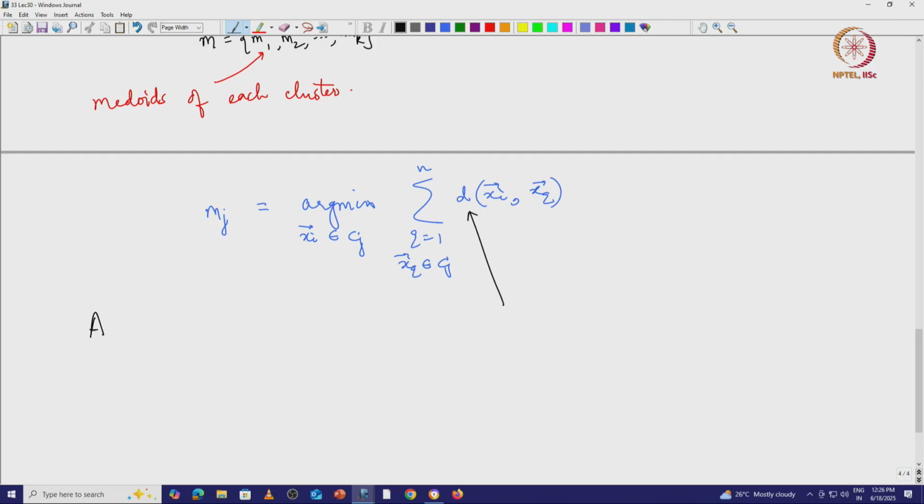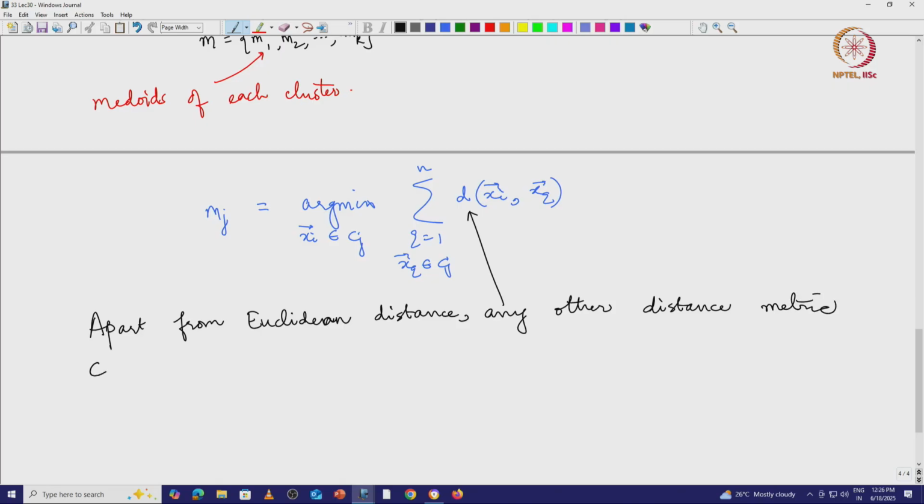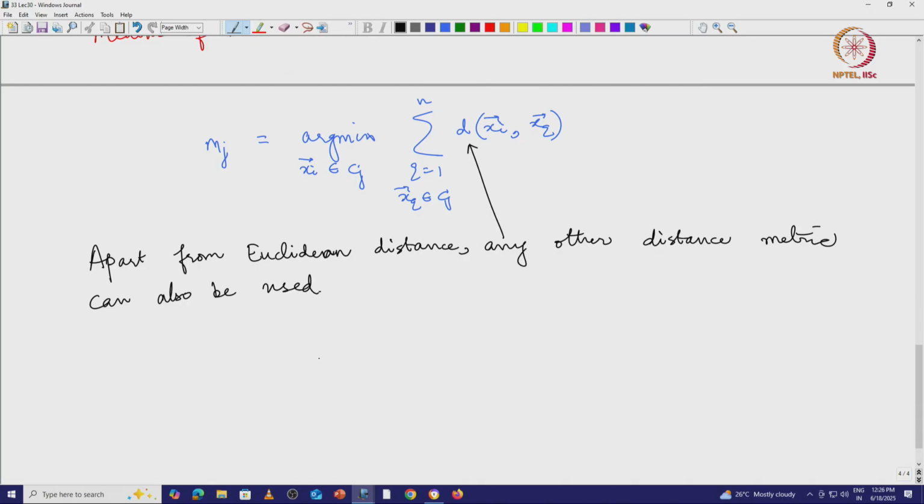So apart from the Euclidean distance, any other distance metric can also be used in K-medoid clustering, because we are not relying on the centroid and the geometrical notions of the centroid. We can sort of move away from Euclidean distances.